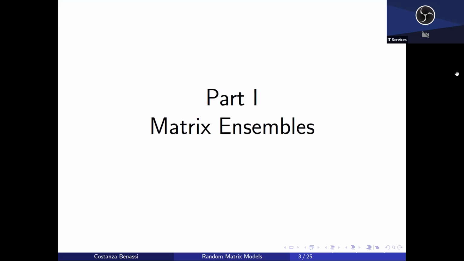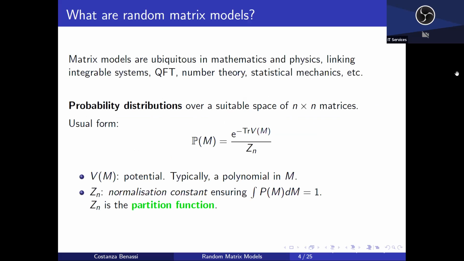So random matrix models, very, very briefly. Random matrix models can be found everywhere, in physics, in mathematics, and they link many different fields together, from integrable systems to QFT to statistical mechanics, which is my original background. And the idea is that we can define them as a probability distribution over a suitable space of square matrices.